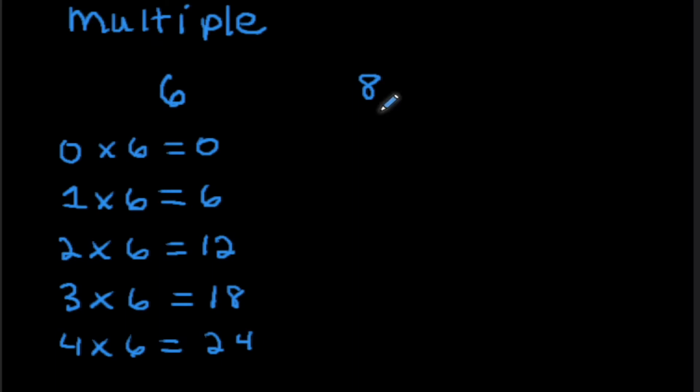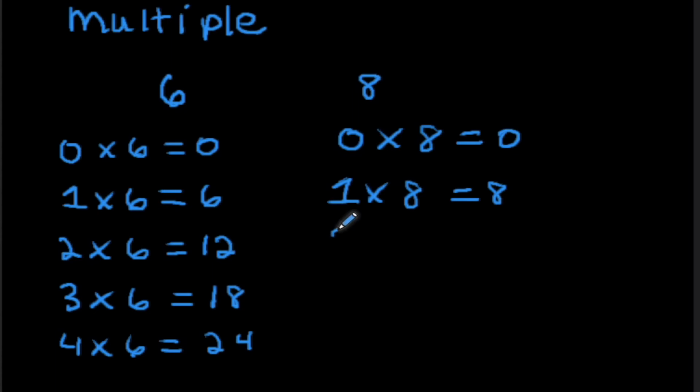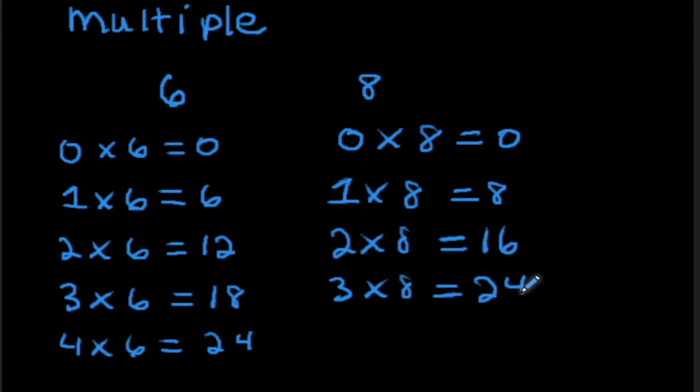And then we'll go with the 8s as well, doing the same thing. Then we have 1 times 8, 2 times 8, and 3 times 8. So notice the least common multiple that appears in both numbers is 24.